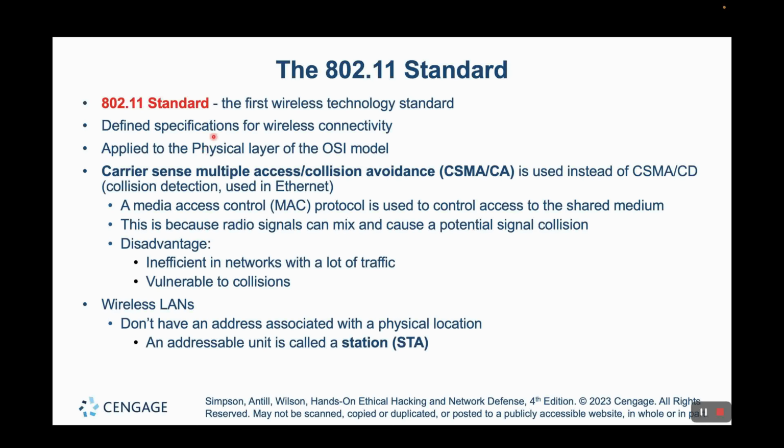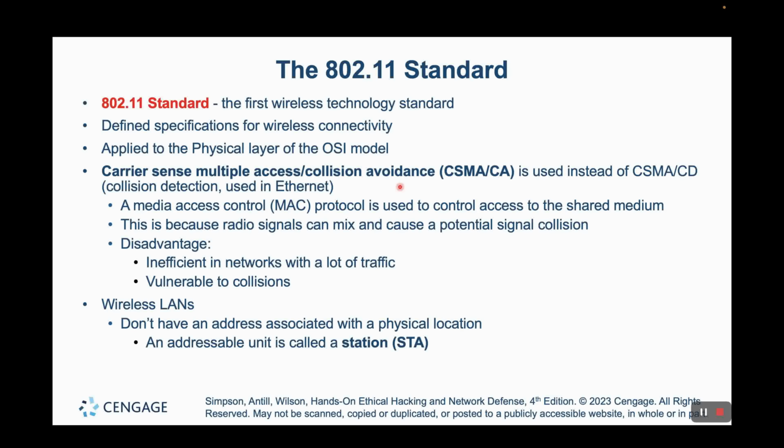Now, let's look at the 802.11 standard. This is the first wireless network standard. It defines specifications for wireless connectivity. It basically applies to the physical layer, and it uses something called carrier sense multiple access with collision avoidance. Now, what does it mean? It works by having the devices listen to the medium before transmitting data.